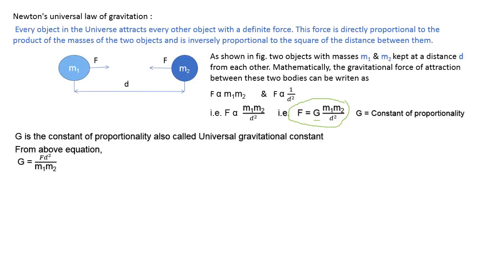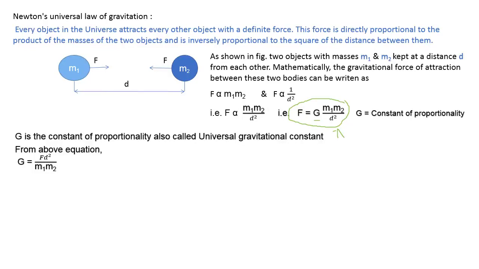Now when you want to find the value of G from this equation, this d square, which is divided, when it comes here becomes multiplied, so it becomes F d square. m1 m2 is in the numerator, means it is multiplied, so when it comes to the other side it becomes divided. So G = F d square upon m1 m2.